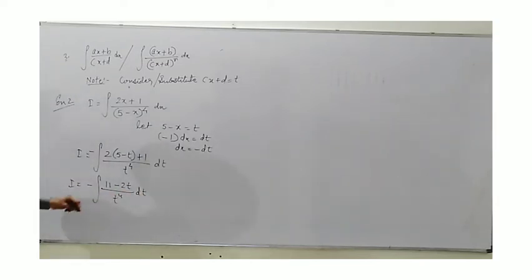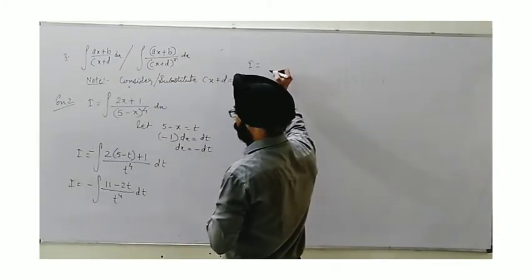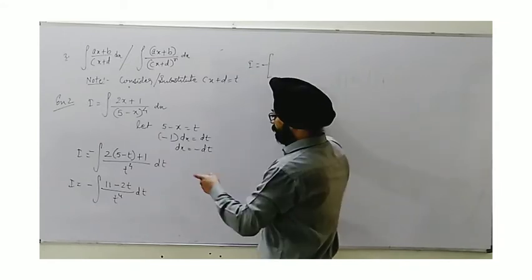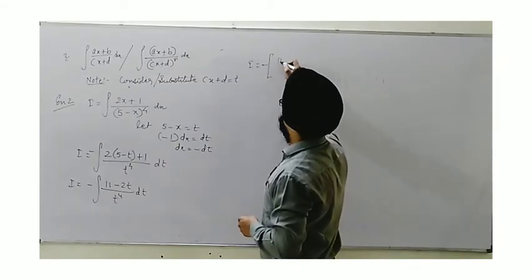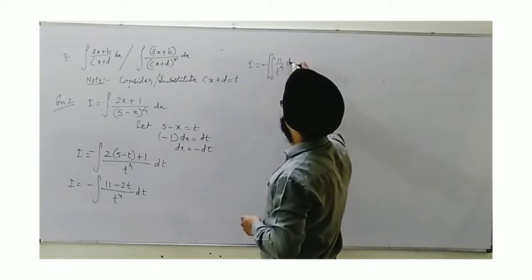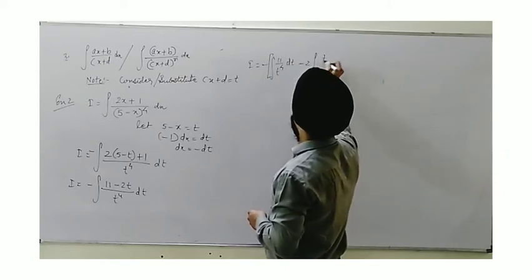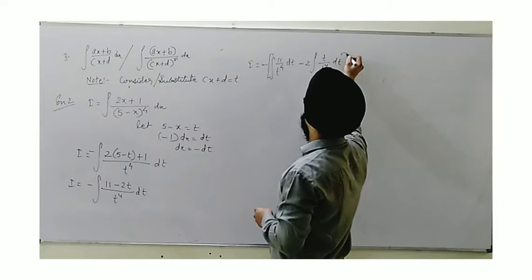Once again we get a monomial in the denominator. Yes, the purpose of this substitution is to convert the denominator into a monomial. So this will be helpful to us further. We can separate this over all the terms of the numerator, and further we can write I as minus integral of 11 upon t raised to the power 4 minus integral of 2t upon t raised to the power 4 dt.